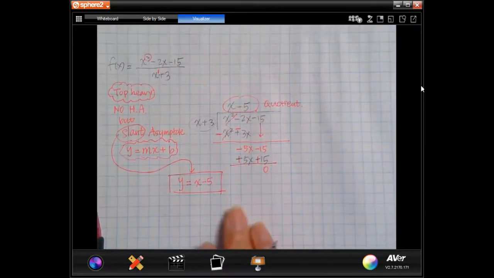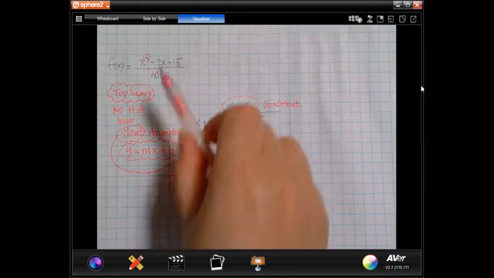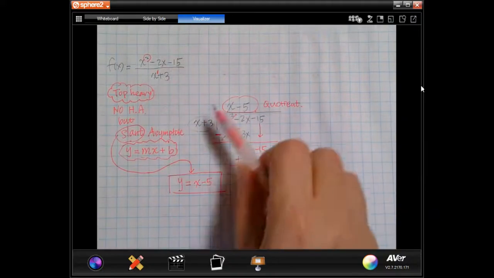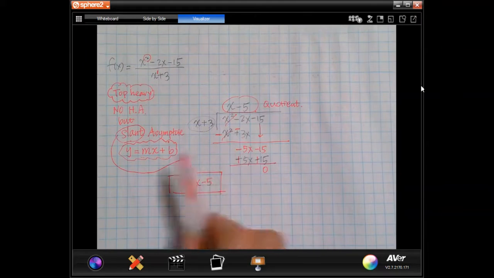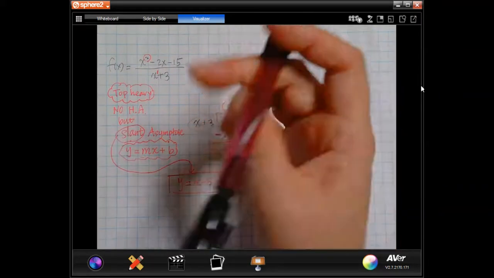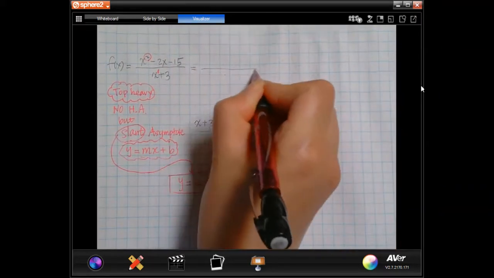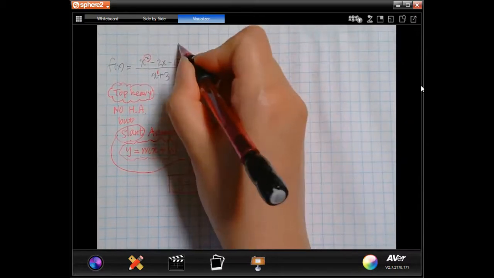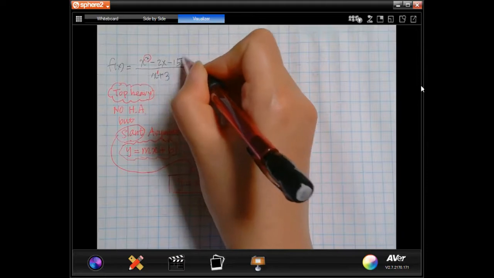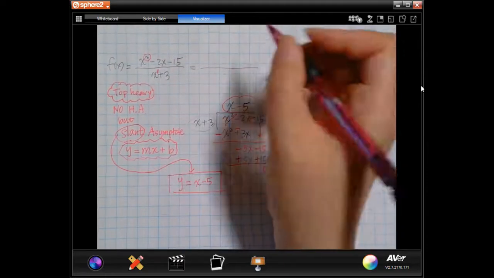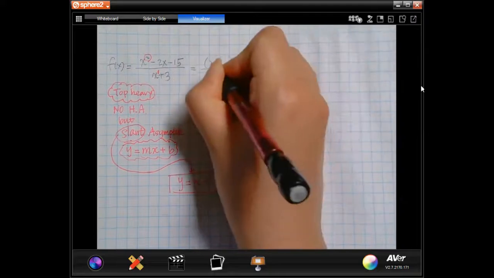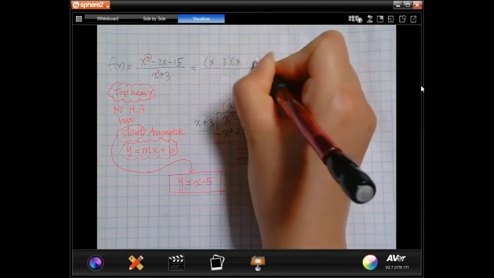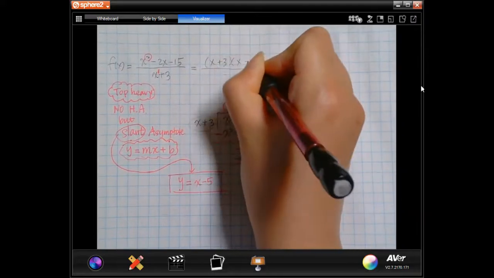Another way to find this is as follows. Because we focused on how to verify the horizontal asymptote first, we didn't really factor this out, but you will see an amazing procedure here. If we factor first, we need two numbers multiplied to be negative 15 and added to be negative 2, which are 3 and 5, plus and minus.